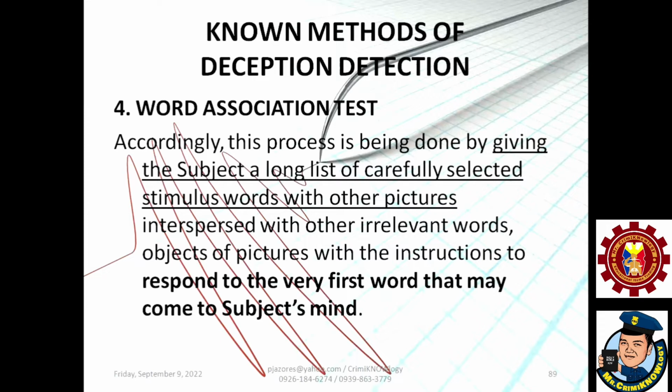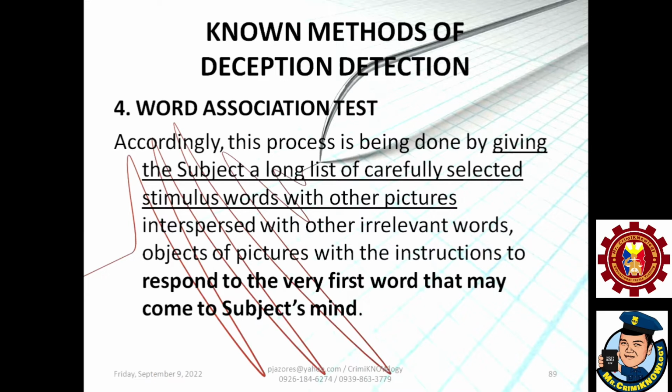It has a relationship to the facts of the case, so that when the list of the questions, or list of the words, or some pictures is shown to the subject, he will just respond to the very first word that may come to the subject's mind.